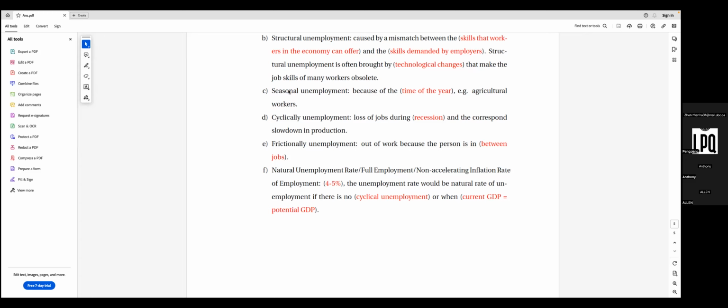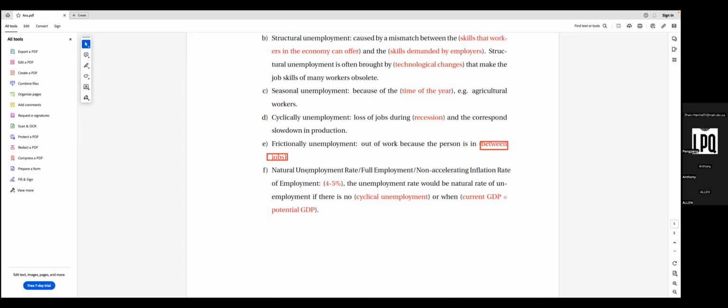Number E is called frictional unemployment. Frictional unemployment, the key phrase to fill in that blank is between jobs. What do I mean by between jobs? You had a job, but you quit. Why did you quit?